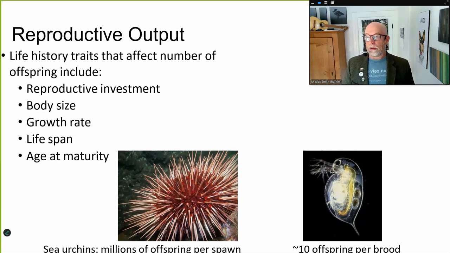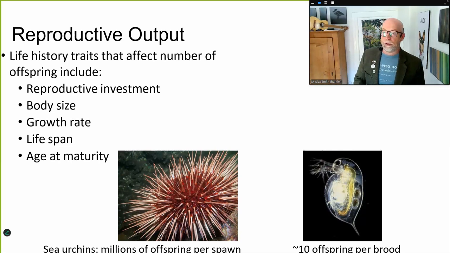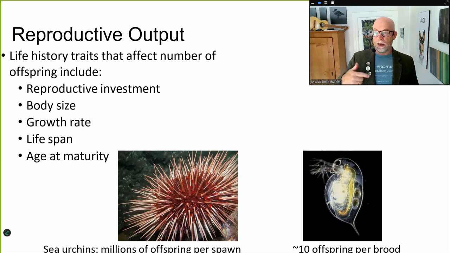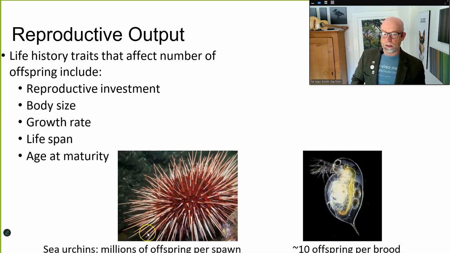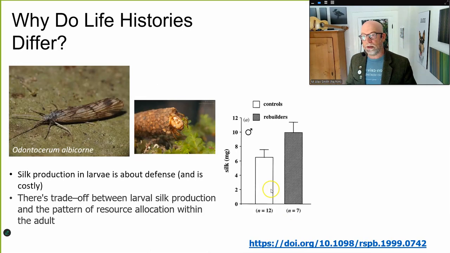So life history traits can affect the number of offspring, based on body size, growth rate, lifespan, age at maturity, and predation. We've got variation between millions of offspring per individual in the sea urchin to 10 offspring per brood in the Daphnia. Here's one example where these life history traits are varying, for these trichopterans.